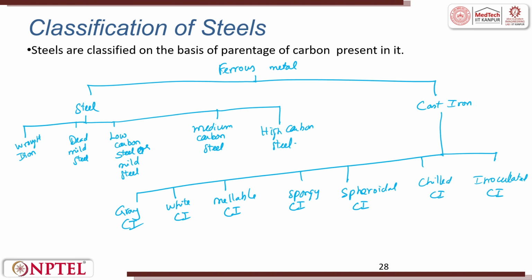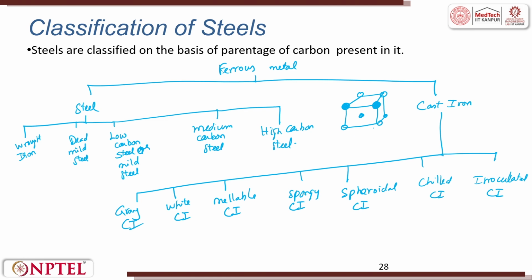The difference between steel and cast iron is the percentage of carbon. See, what happens is when you have iron atoms in a unit cell, the radius of the iron atom is larger than the carbon atom.